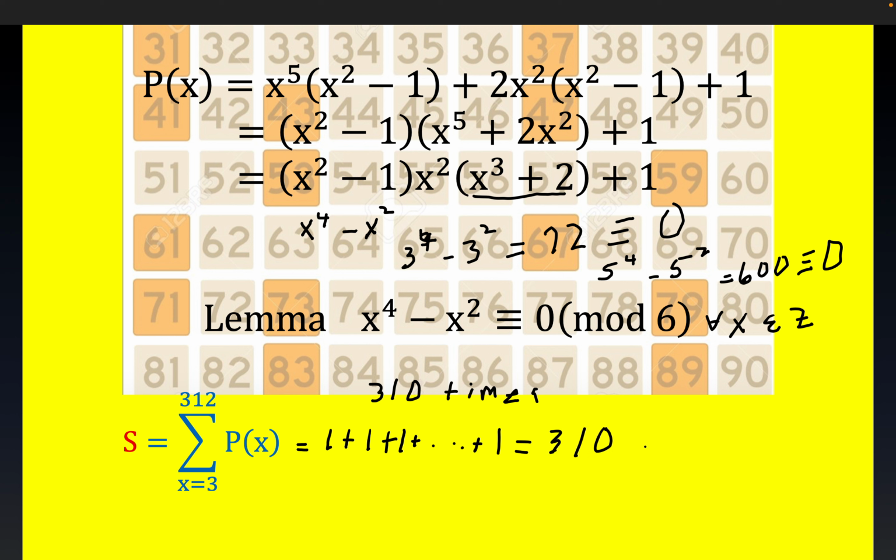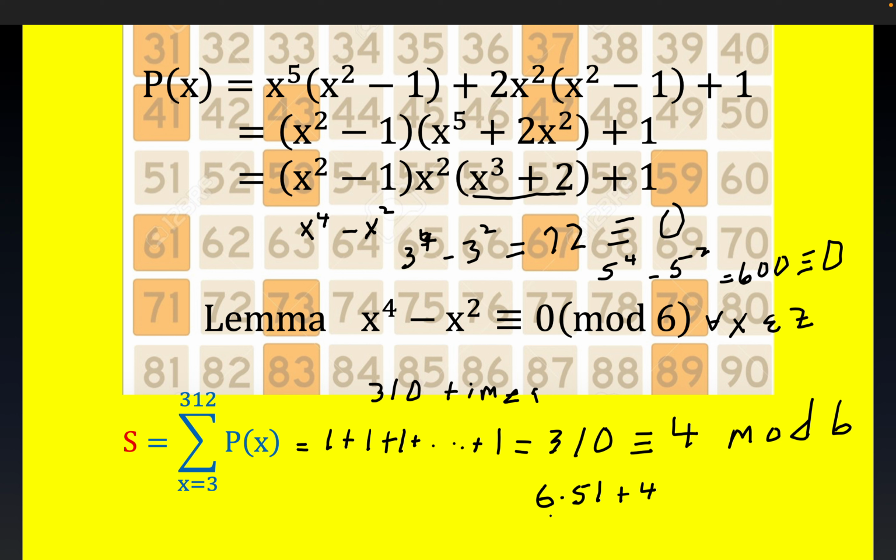Now you can do a quick division by 6 there, and you'll see that that's congruent to 4 mod 6. It's fairly easy to see because 310 is 6 times 51, which is 306, plus 4.